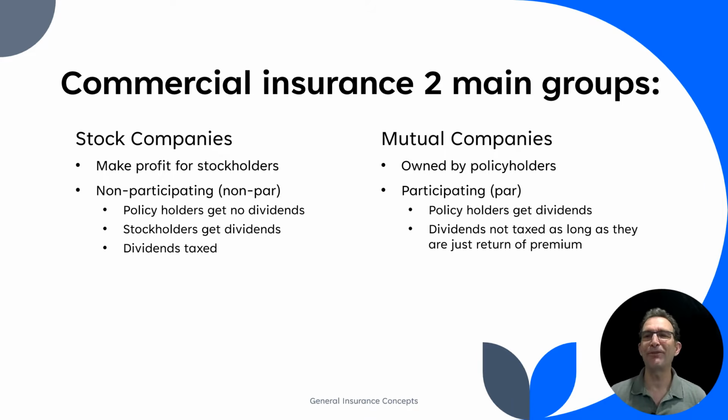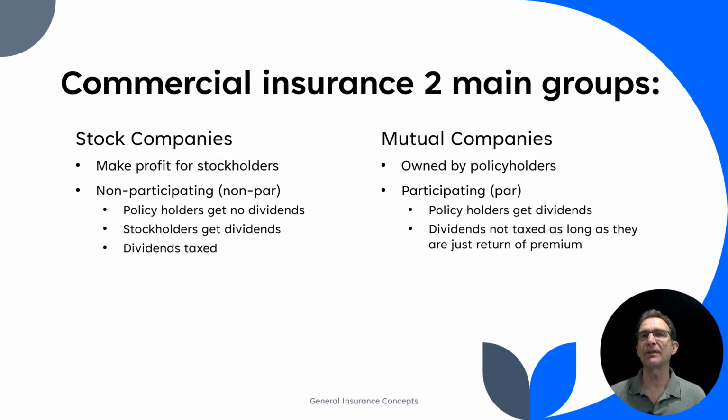All right, this is an important fact you need to know for the test. Commercial insurance falls into two main groups: stock companies you see here on the left, and then mutual companies on the right. So some of these concepts are good to write down and get clear in your mind. Stock companies make profit for stockholders. Everybody's heard of stocks. Companies have stockholders, and they are called non-participating or non-par.